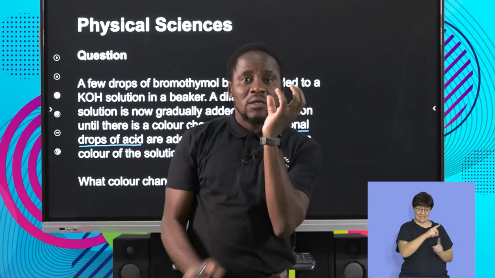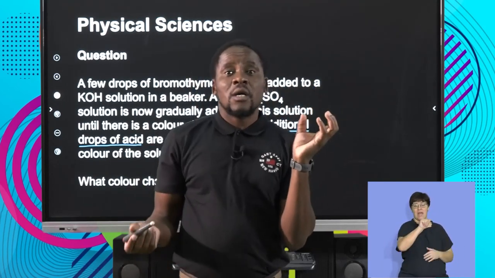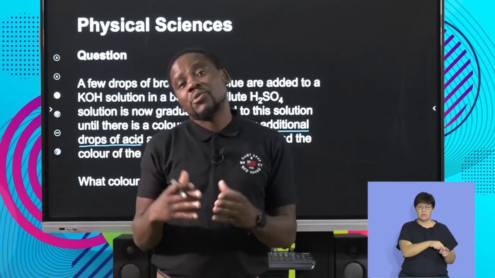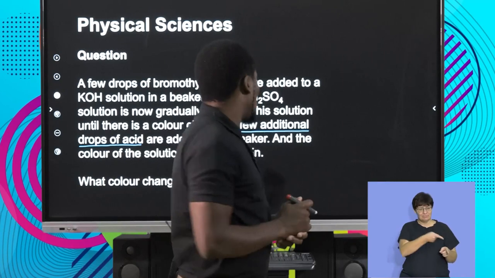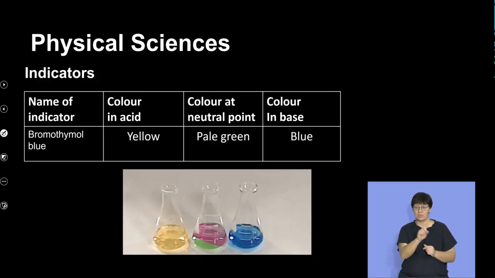It means now the resulting solution becomes more acidic. Now the question is, what color is bromothymol blue in a strong acid? We understand that in the presence of a strong acid, the bromothymol blue changes to yellow. So that's the color change, right?